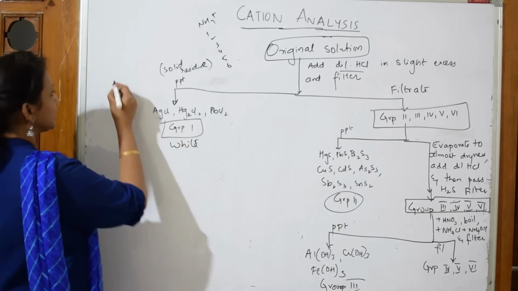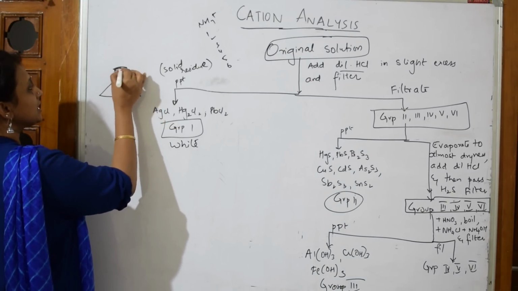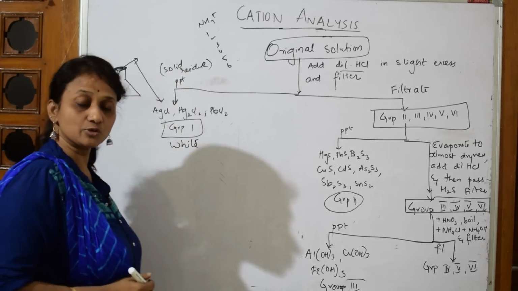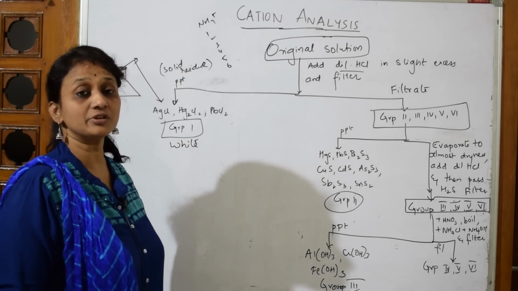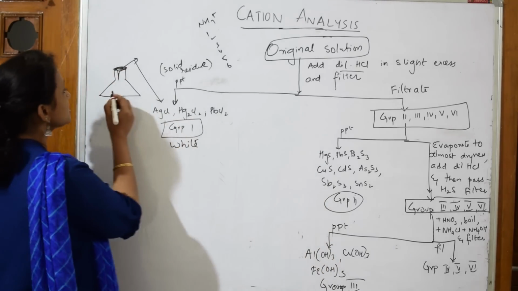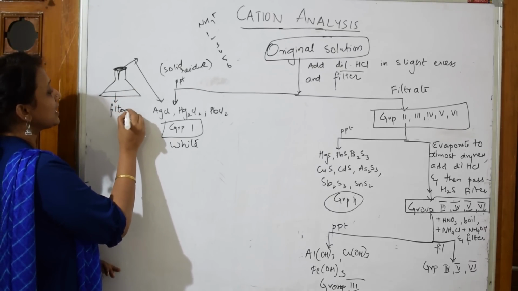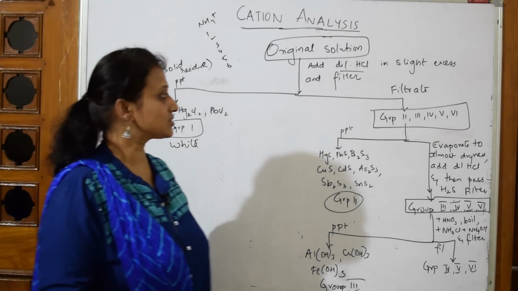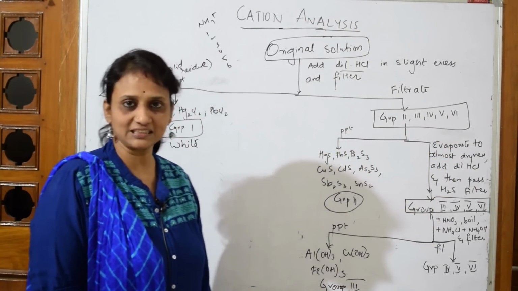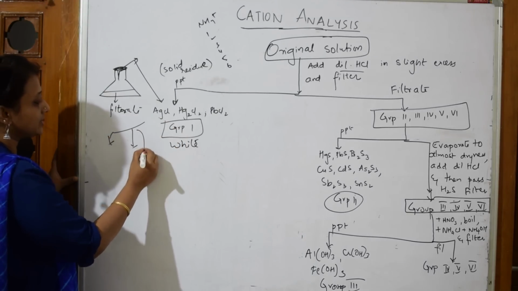The one at the top of the conical flask is the first group cations, precipitated in the form of chlorides. These 3 are the cations. The one at the base is the filtrate, which has the remaining cations, that is group 2, group 3, group 4, group 5 and group 6. From here I'll take this precipitate and do individual confirmatory tests.